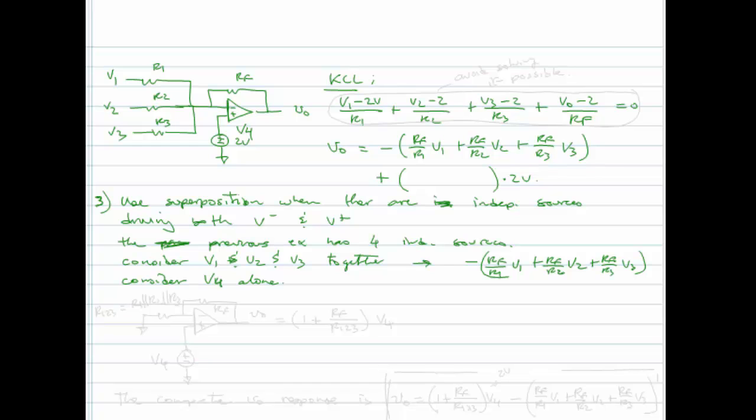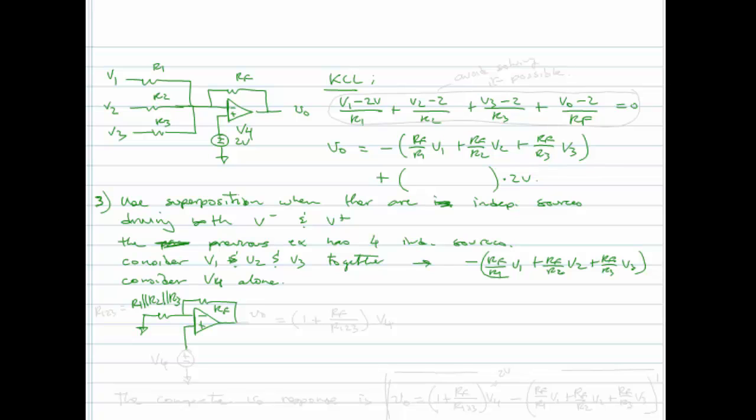We already know that. Now what we need to do is just add the superposed response due to V4. And what we have there is basically an amplifier with RF, and then this resistor here that's going to go to ground because we turn V1, V2, V3 off is going to be a parallel combination of R1, R2, and R3.